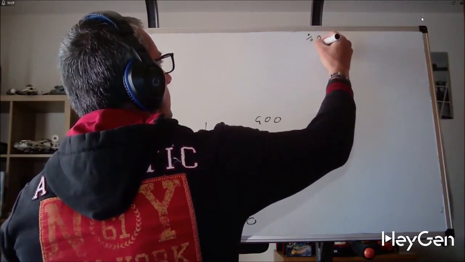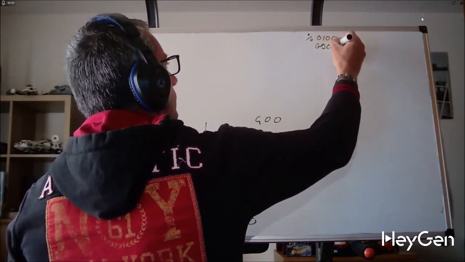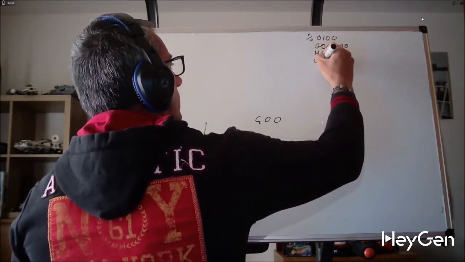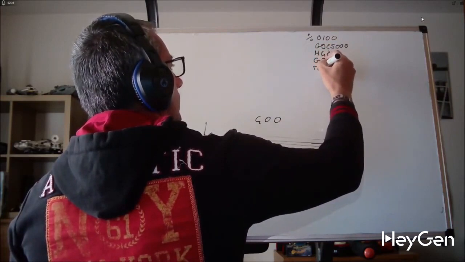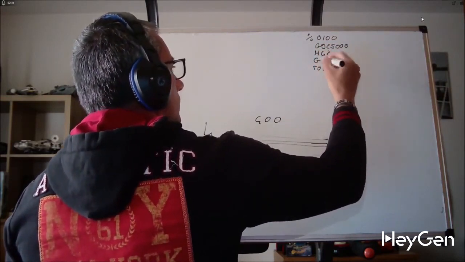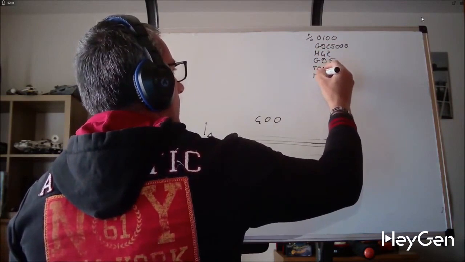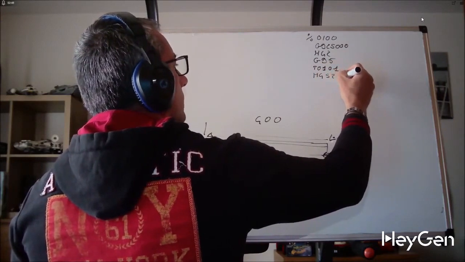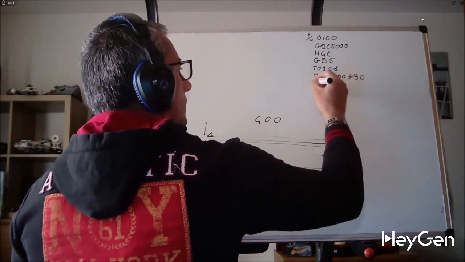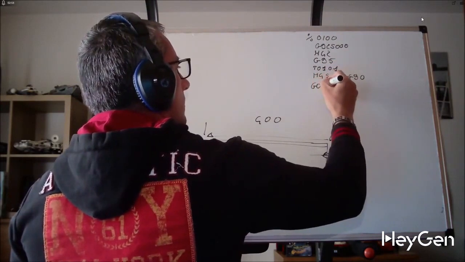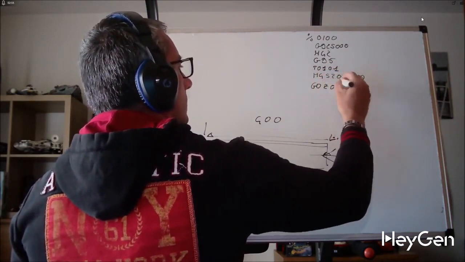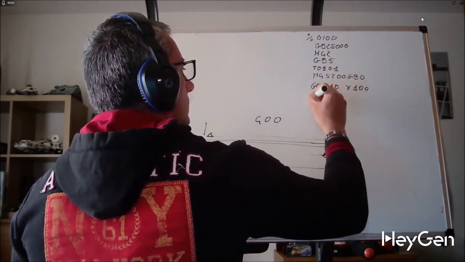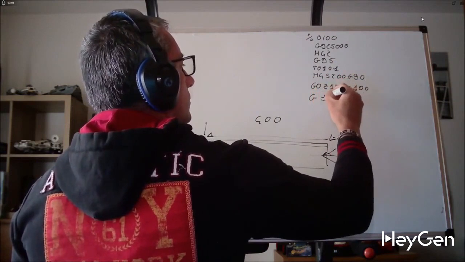Put in data G92, S2000, M42, G95, T0, 1. G0, Z0, actually Z10, X100, G1, Z400, F03, G0, X200, Z100, M5, M30.